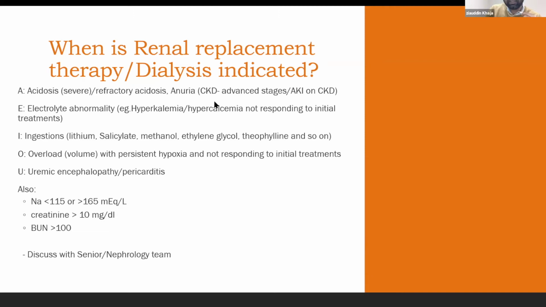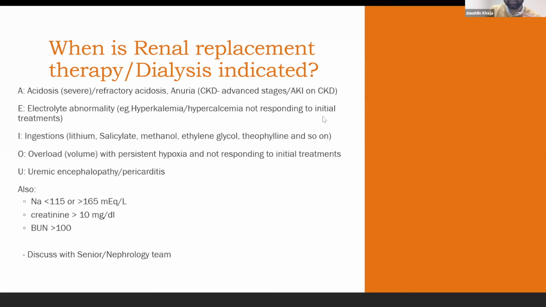If somebody already has CKD, and let's say they're not on dialysis currently, and now they've come to you that they're not urinating at all, then you're thinking about dialysis, and also AKI on CKD as well.